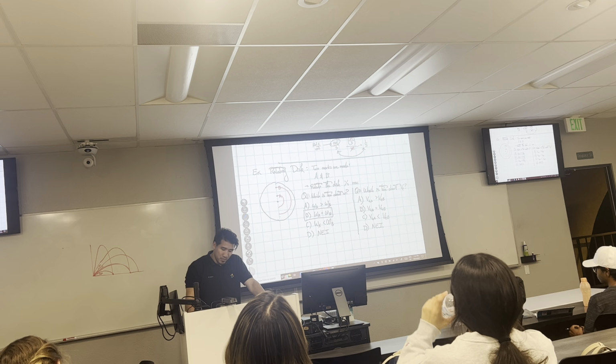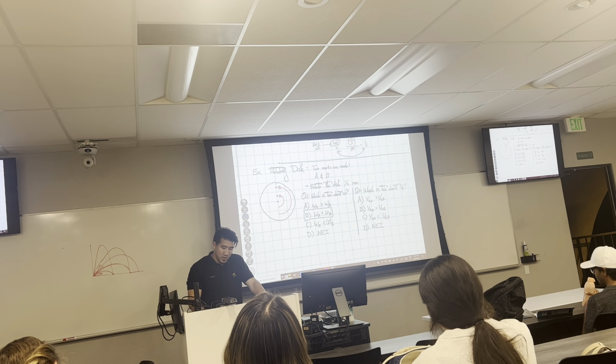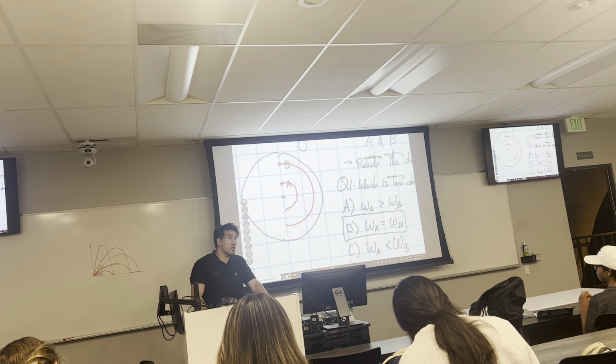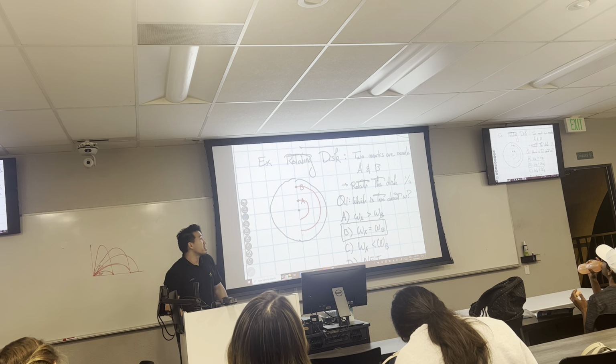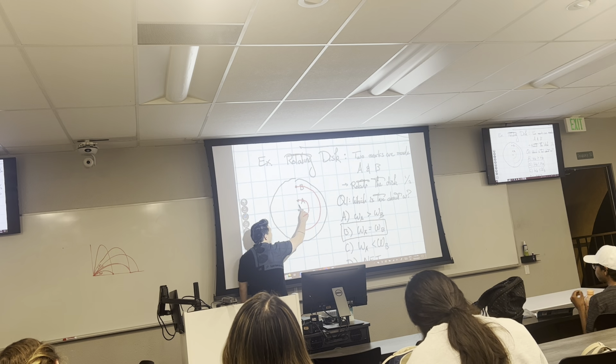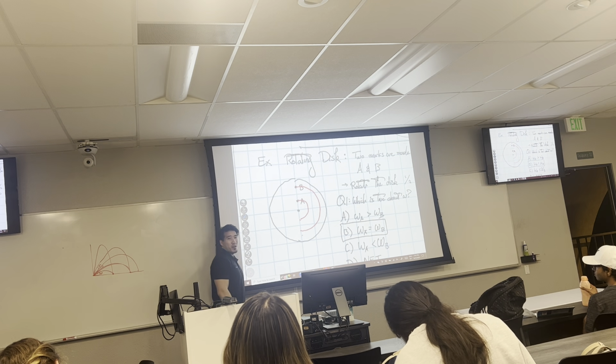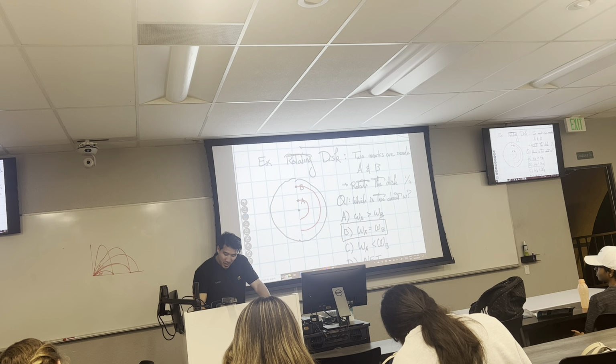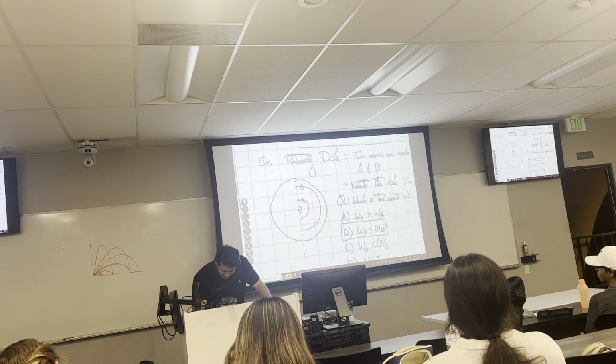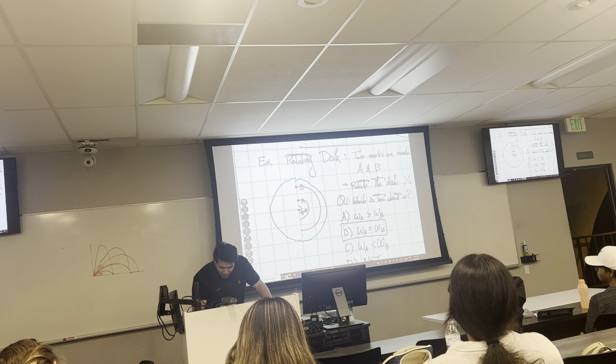It is B. It is B because both of these are traversing theta of pi, or 180 degrees. So both of them have theta equal to 180 degrees.